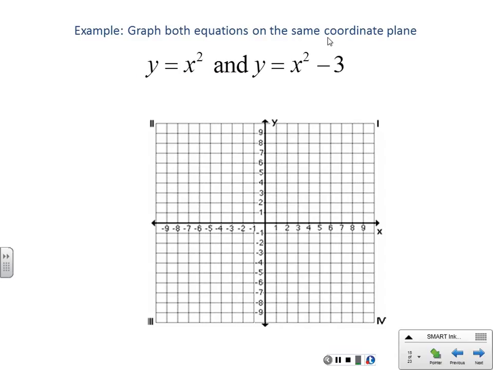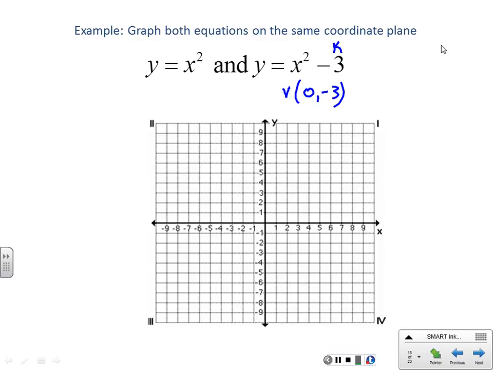Okay, what about this? That is a K. So what is the vertex going to be? 0, -3. So a K is going to shift vertically, right?